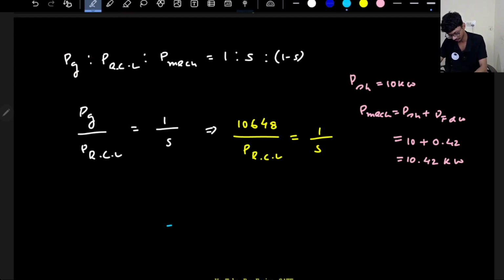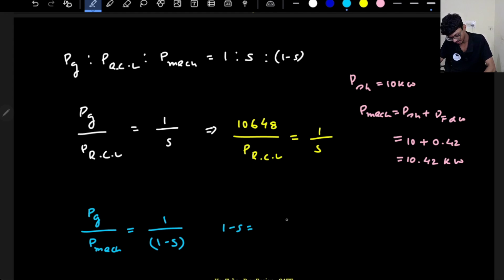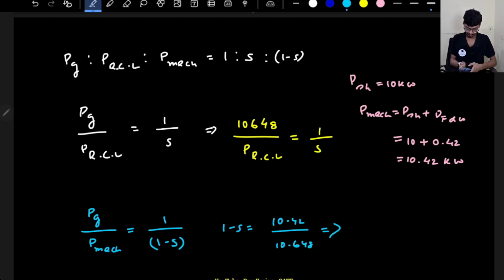I will now use this relationship: PG divided by Pmec equals 1 divided by 1 minus S. I know PG and I know Pmec, so I will be able to find out what is 1 minus S. 1 minus S will be Pmec upon PG. Pmec is 10.42 kilowatts and PG is 10.648 kilowatts. So from here I will be able to find out the value of S.